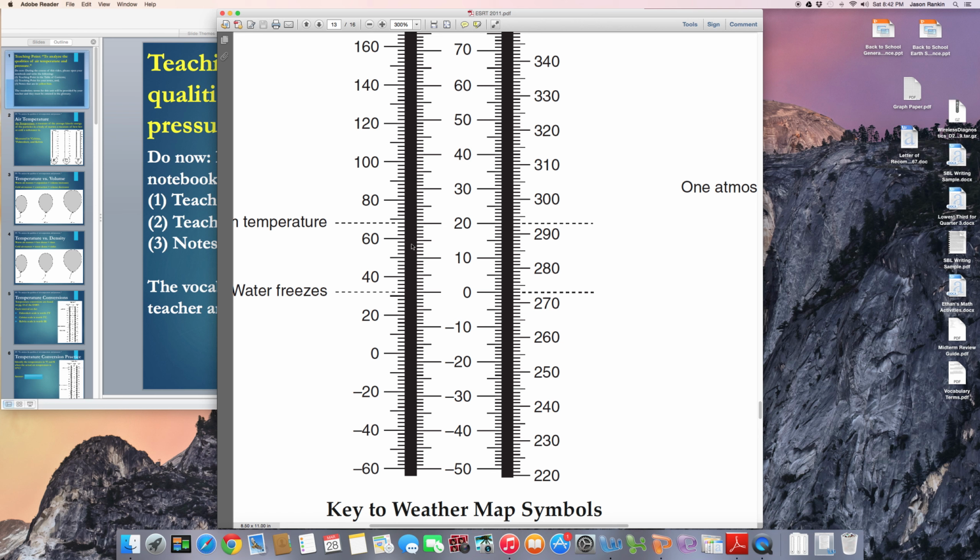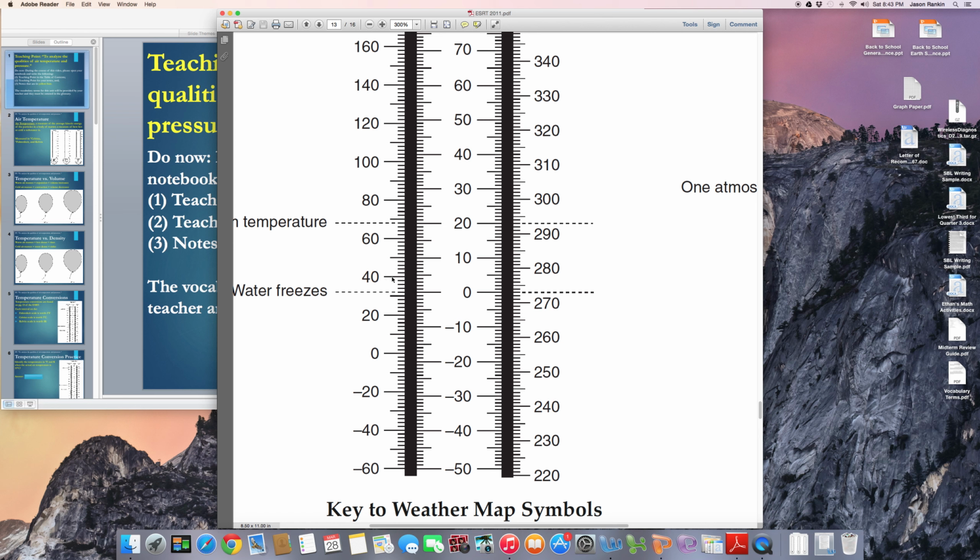Our Fahrenheit's on the left, so each one's worth 1 on the Celsius scale. So this is 10, 11, that's 12, this is 13. I take this line, bring this across, and it falls between two numbers. This is 40.